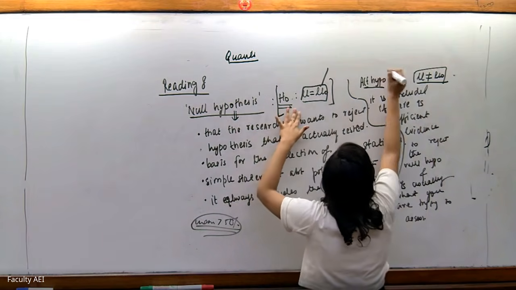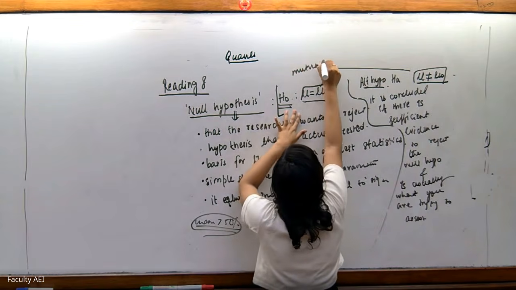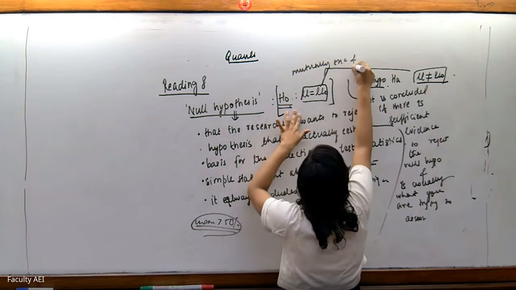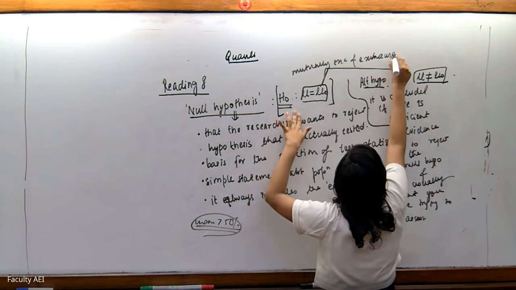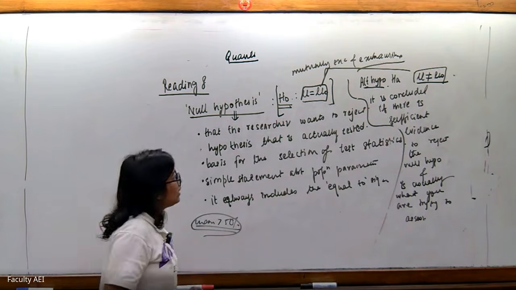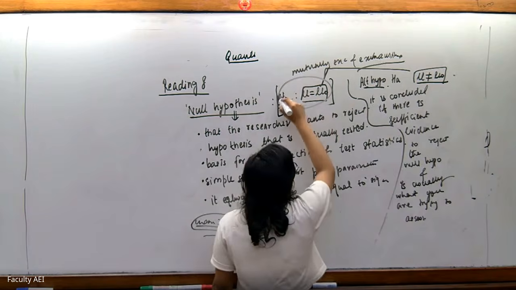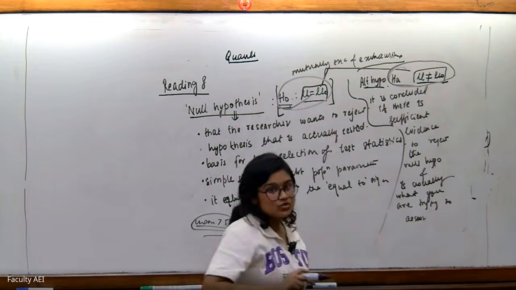Your null hypothesis and alternative hypothesis are mutually exclusive and exhaustive. The meaning is, whatever the values are possible under the sun, all the values are included in both the hypotheses. There is nothing beyond this which remains.